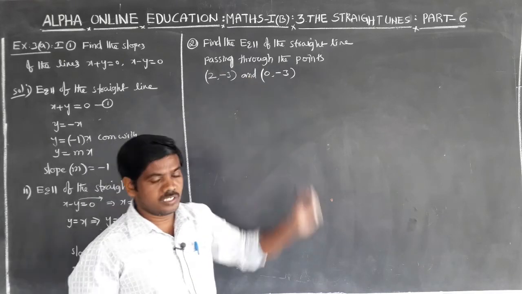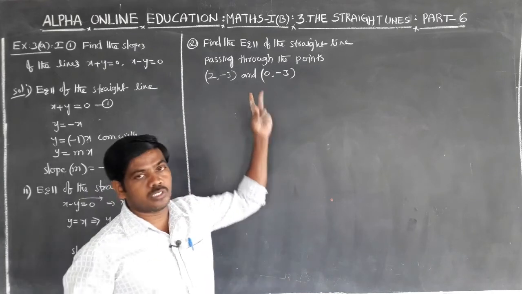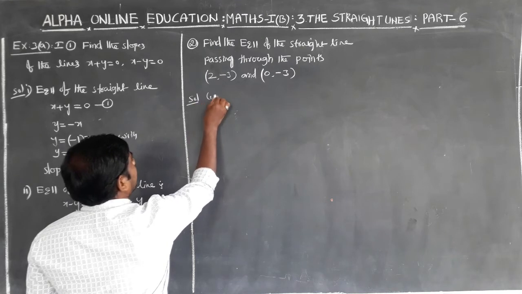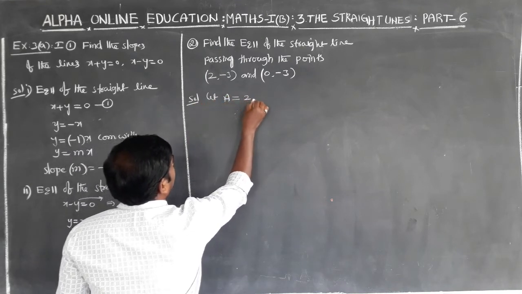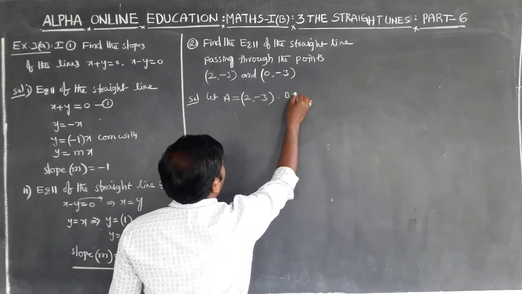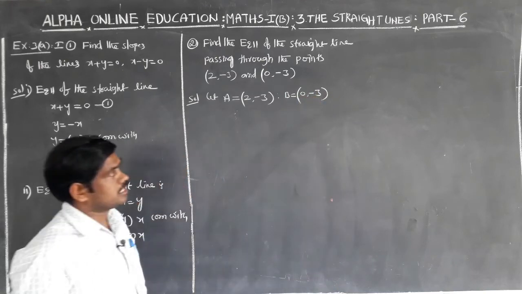Here, find the equation of the straight line passing through the 2 points. Given points: first point, let A be 2 comma minus 3, and B be 0 comma minus 3.